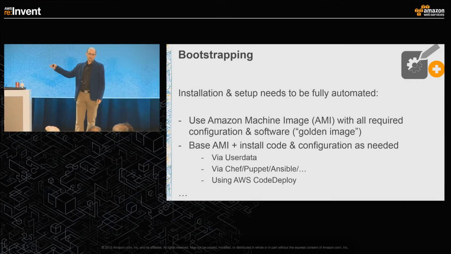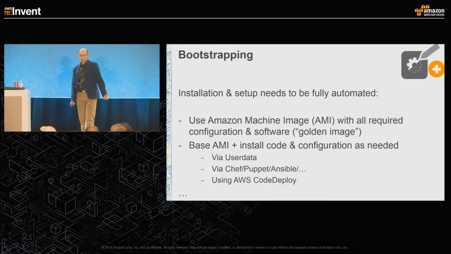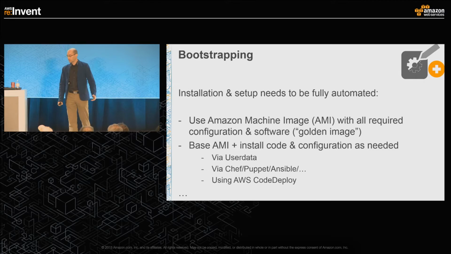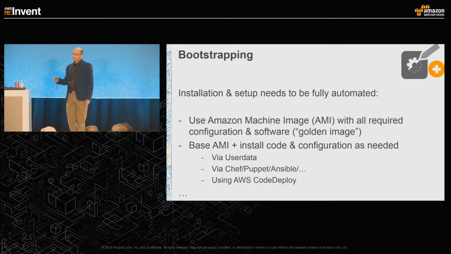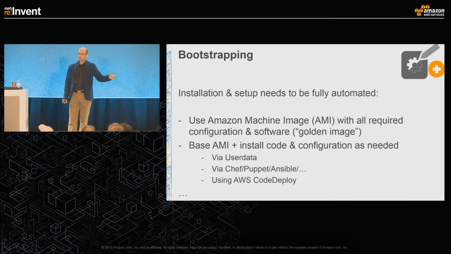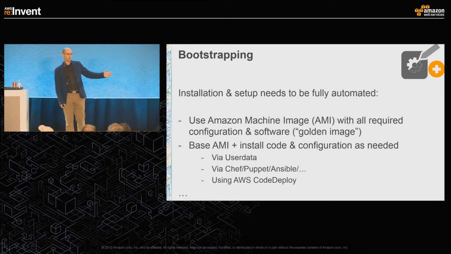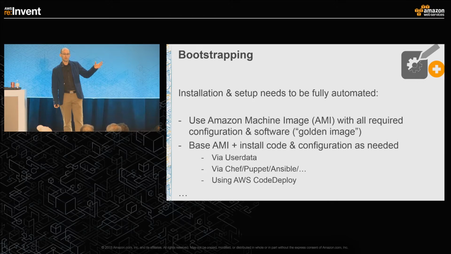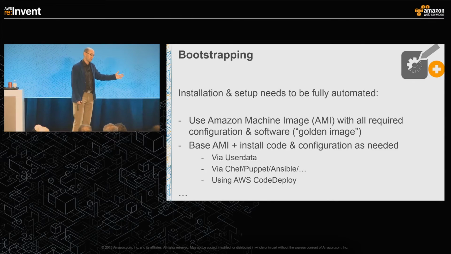Like I said, you can just pass in a shell script that will be executed. That's one way to do it. But many people are also heavily invested in configuration management solutions like Chef, Puppet, or Ansible. That's also a good way to take care of the bootstrapping process, which basically means picking your base AMI, probably one that includes the Puppet agent, and making sure that whenever this image is spun up, it can automatically contact the Puppet master, for example.